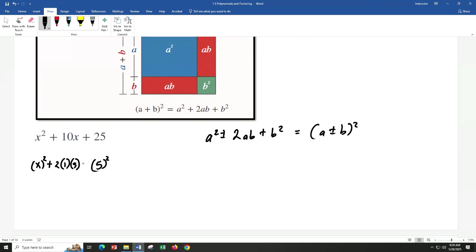So what's that going to turn into? x squared plus 10x plus 25. So if I know my a is actually just an x, wouldn't this just factor into (x plus 5) squared?